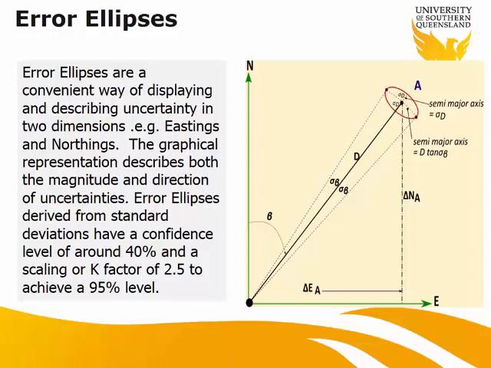So error ellipse is drawn from a standard deviation confidence level of around 40%, and if, as we know, we want to have a 95% confidence interval, the K factor for the ellipse is 2.5 this time, not 2 or 1.96 in one-dimensional. So you can see we always have semi-minor and semi-major axis. In this case it is bearing and distance. So it shows in easting and northing basically.